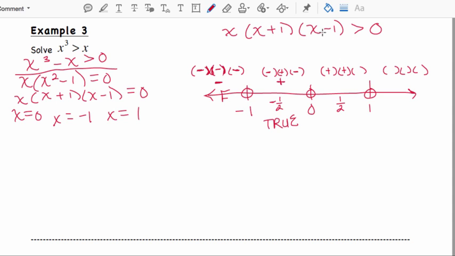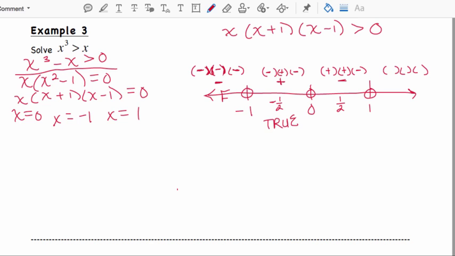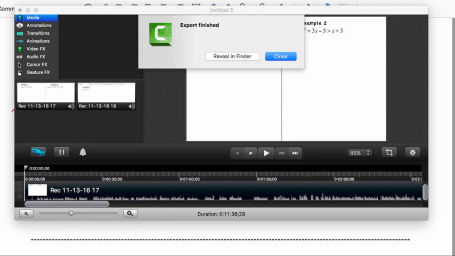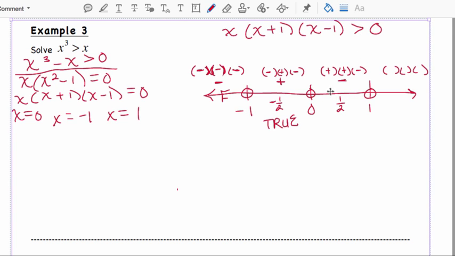And when you plug a 1/2 in for this last x, you get -0.5 as your overall answer. And a positive times a positive times a negative is a negative, and a negative is not greater than 0. So this is a false region in here.